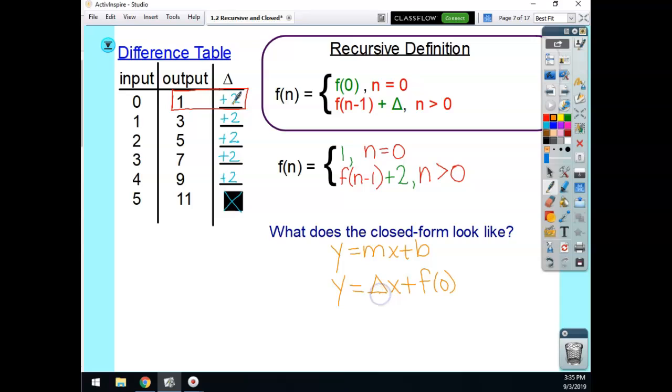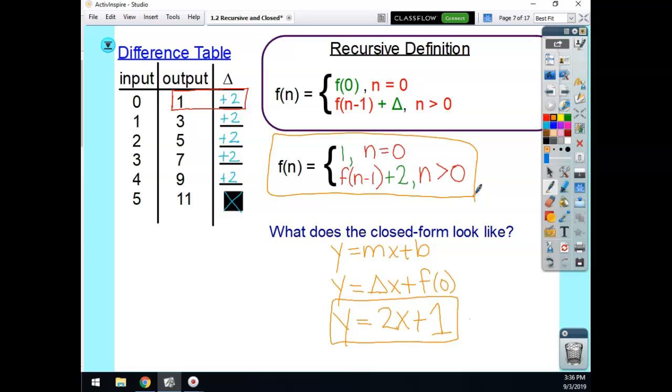So the delta is this positive 2. We leave the x where it's at, and we see that our output at 0 is 1. So we just add 1. Both of these would be definitions for that difference table.